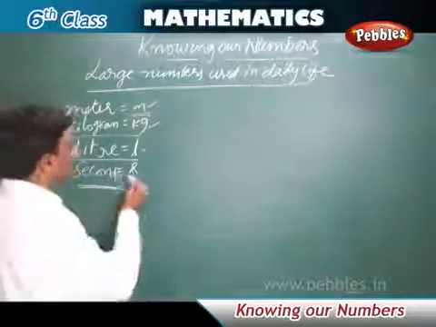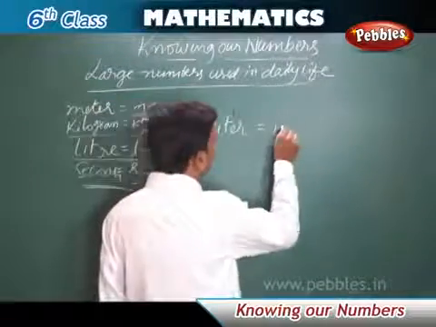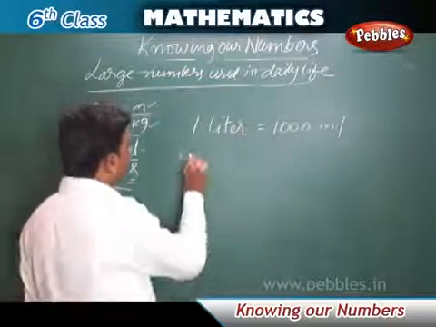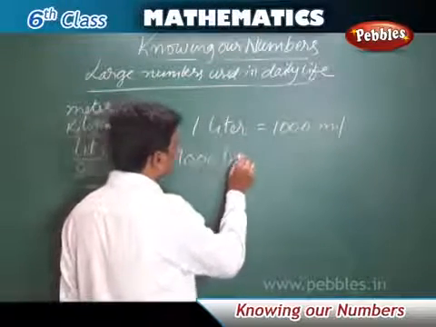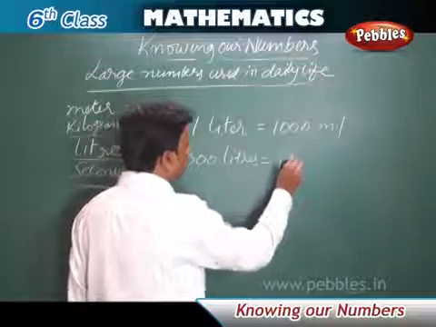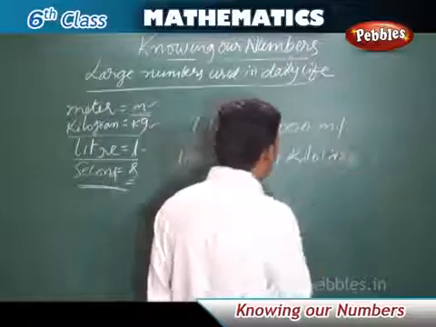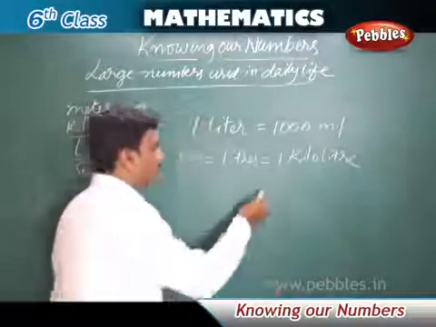And for volume, 1 liter is equal to 1000 milliliters, and 1000 liters is equal to 1 kiloliter.